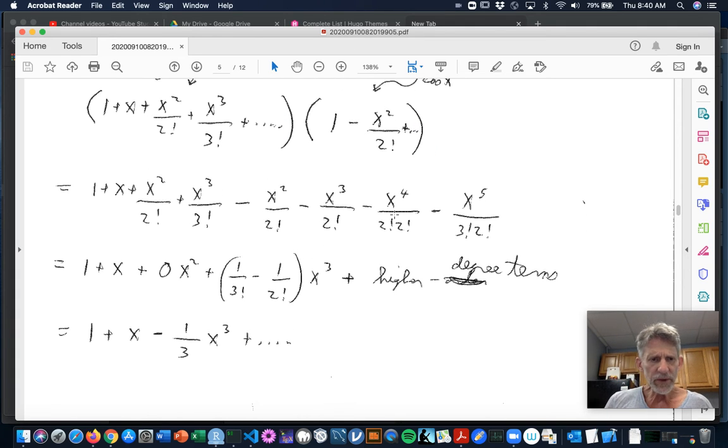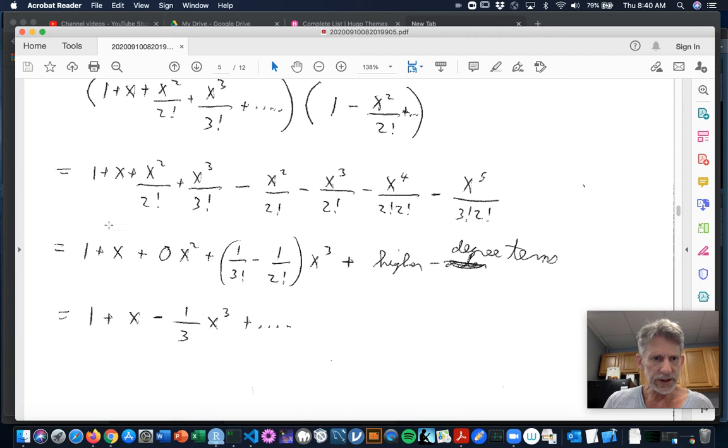And I'm going to gather like terms. I only see one constant. I only see one x. I got an x squared over 2 factorial, but it gets canceled by this. So there's actually no x squareds at all. Are there any x cubes? There's an x cubed over 3 factorial and a minus x cubed over 2 factorial. So if I factor out the x cubed, I've got that. And everything else is higher terms, x to the 4th and x to the 5th.